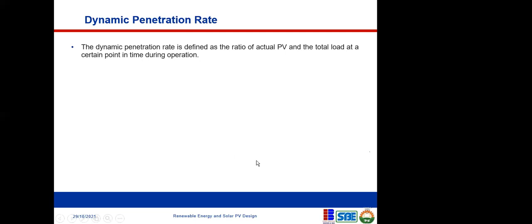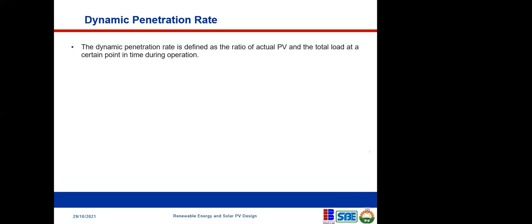So let's talk about dynamic penetration. A dynamic penetration rate is defined as the ratio of actual PV and the total load at a point in time during operation. Now this is instantaneous. Maybe in the morning you can have a dynamic penetration of 40% from the solar system, in the afternoon 60%, but at night it's 0%. So it's dynamic, it's instantaneous.